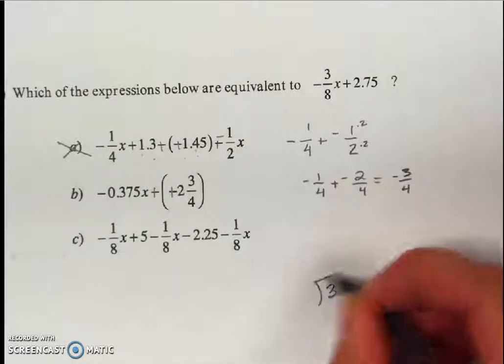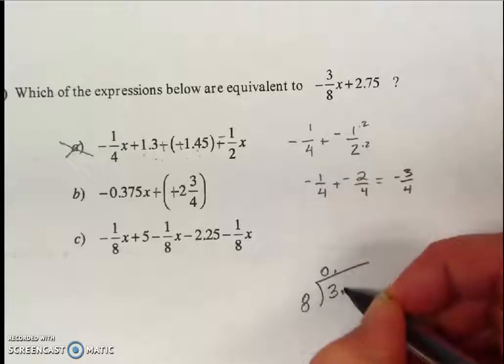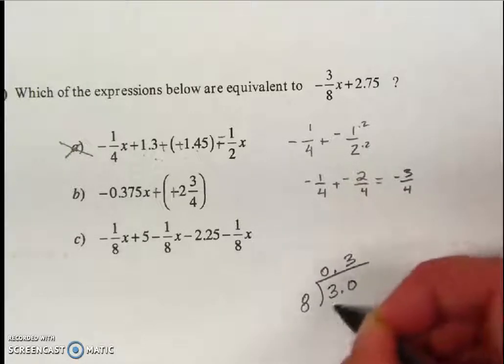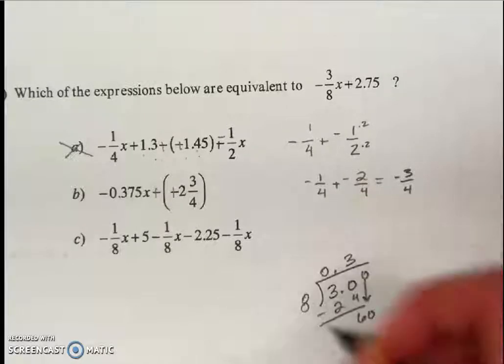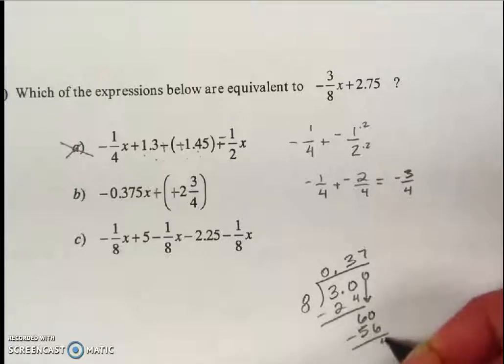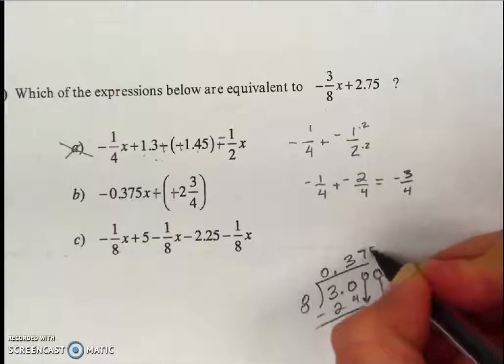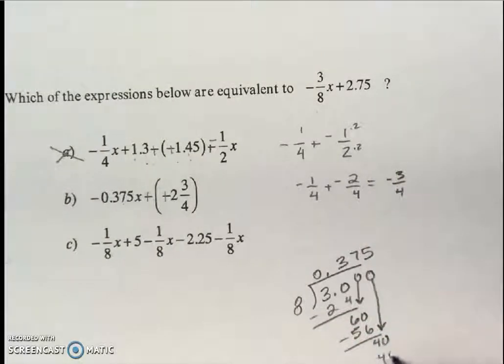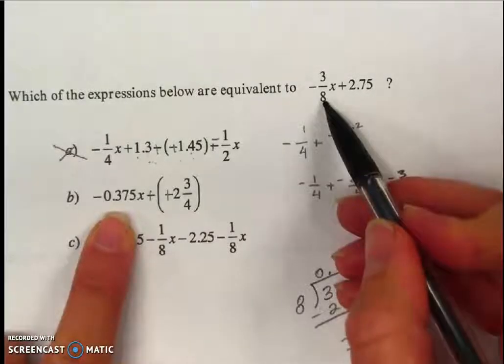So let's see what happens when we divide 3 by 8. 0.0, that can go in 3 times, gives me 24, 6 left over. Bring down a 0. 8 goes into 60 7 times, gives me 56, 4 left over. Bring down another 0, and 8 goes into 40 5 times. That gives me exactly 40, nothing left. So that decimal does match this fraction.